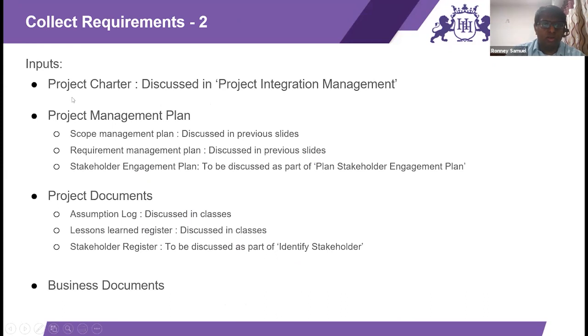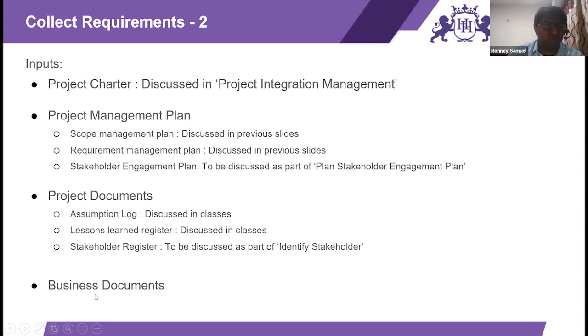Again, the inputs: the project charter, because it gives you higher level data; the project management plan, more importantly your scope management plan, the requirement management plan, and the stakeholder engagement plan to make out which stakeholders should be engaged to collect the requirements. Other project documents: the stakeholder register, which contains the list of all the stakeholders, any lessons learned, and any particular assumptions. If needed, your business documents.